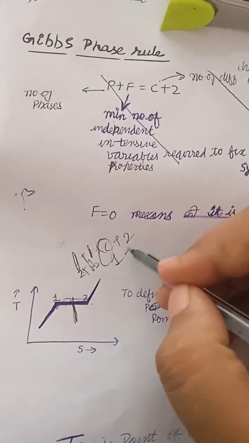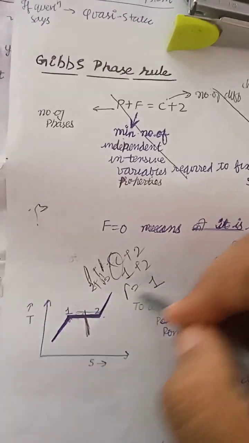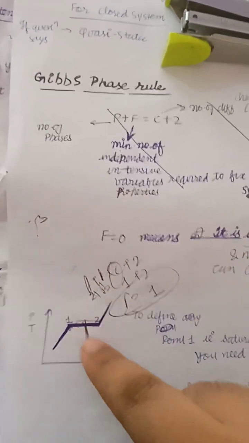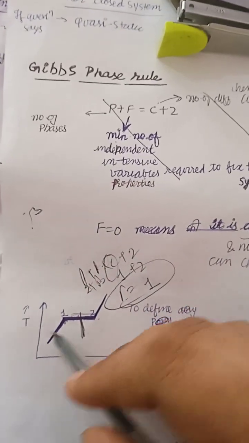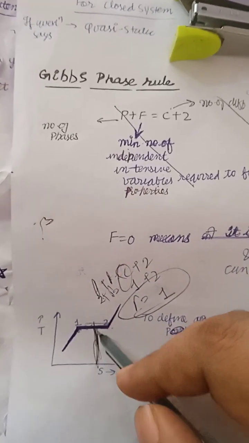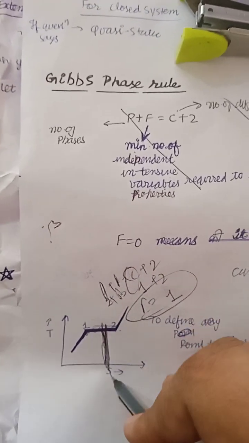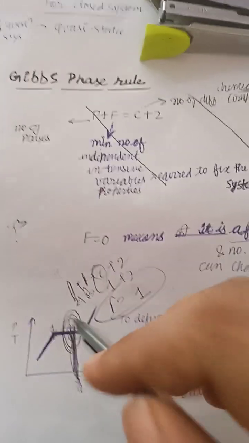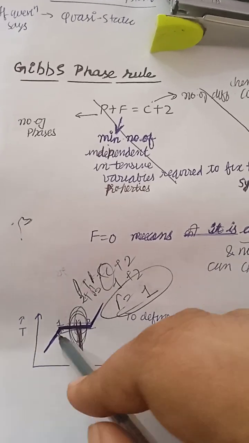H2O is the chemical component. So F comes as 1. So there is one intensive property which is required to define this state. As pressure and temperature are dependent, if you just give the specific entropy value, you will get this point. So F is equal to 1 for any point in between here.